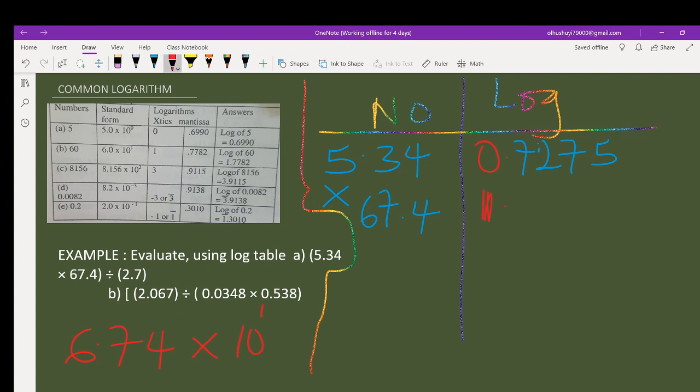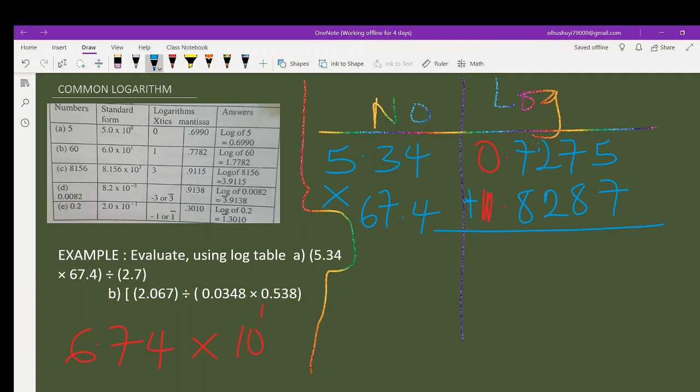point. Then check 67 under 4. 67 under 4 should be 8287. Then under your log, when you have multiplication in the question, you add under log. So we have addition here.